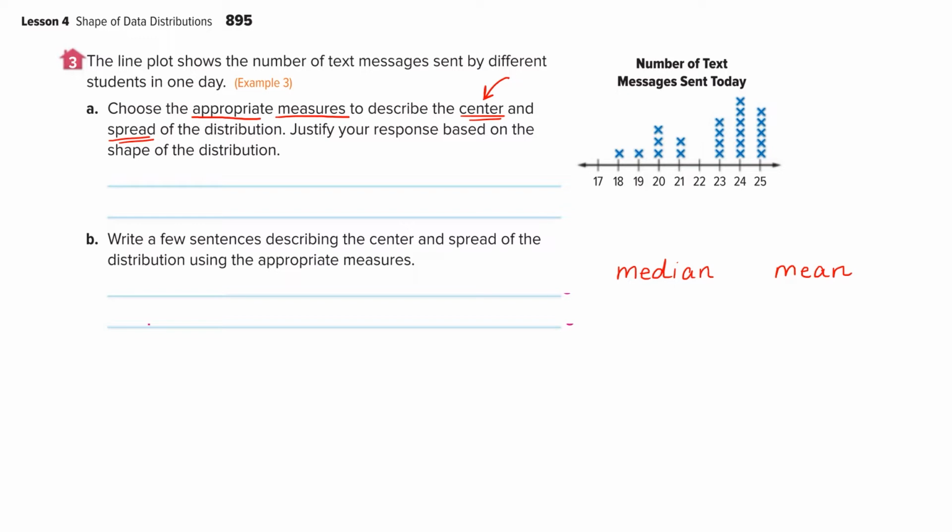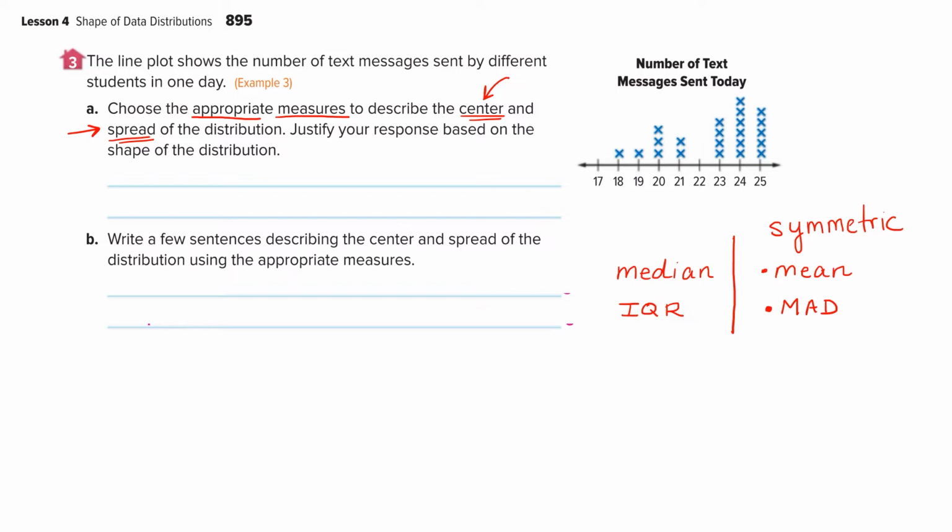The measures of spread would be the interquartile range, or the mean absolute deviation. When your data is symmetric, you're going to use the mean and the mean absolute deviation. This is what we would normally do.